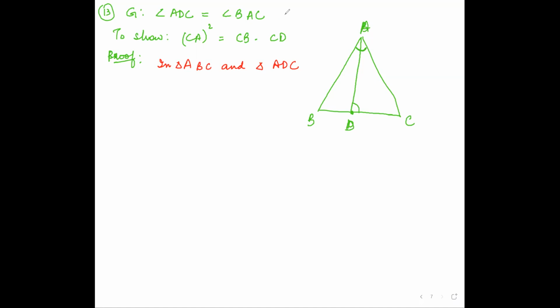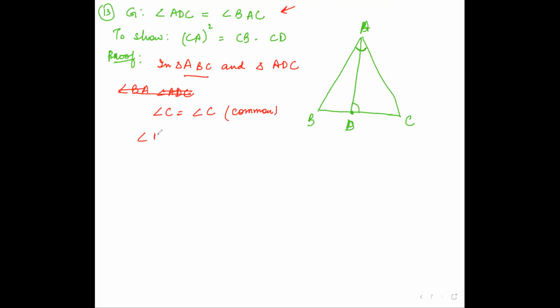So one angle is already given to be equal. Yes, Rida? Yes, ma'am. Ma'am, angle C is equal to angle C because it's common. Okay, yeah, that will be common. Good.